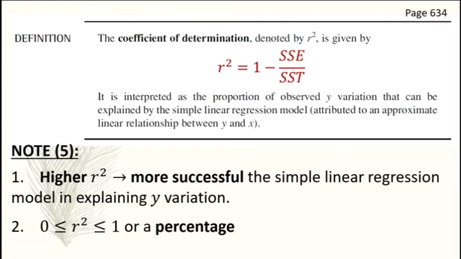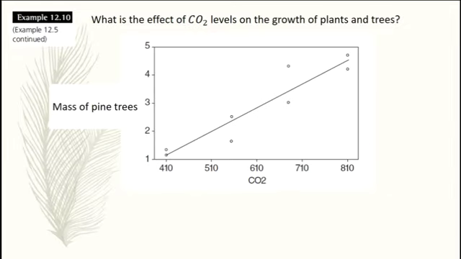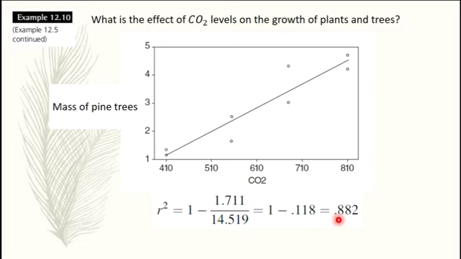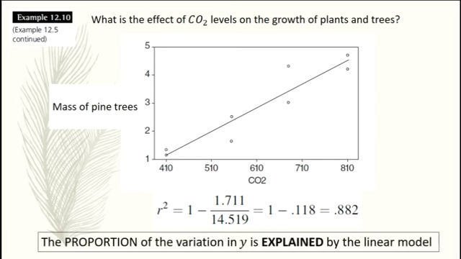If you look at this example from your textbook, example 12.10, which is a continuation of 12.5, if you calculate r squared, your coefficient of determination, this is the value you'll get. You can go and verify that in your textbook. You'll get 0.882. So the interpretation in this case is that 88% of the variation in y is explained by the linear model.